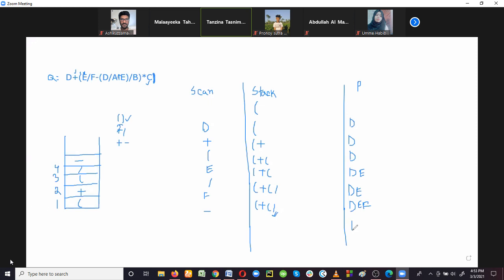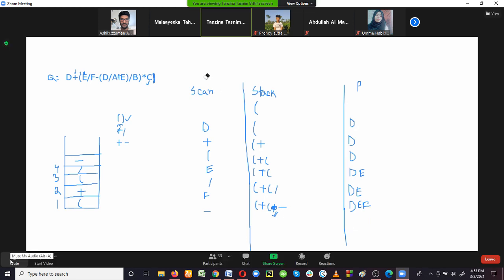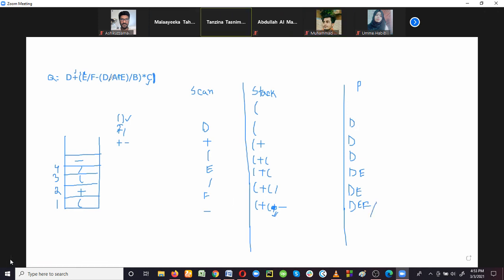After popping it from the stack, we can place it in the postfix notation. So DEF, then we can write division. After deleting it from the stack, we can store minus. Is that clear? Yes, ma'am. Okay, now we can continue the scanning process.